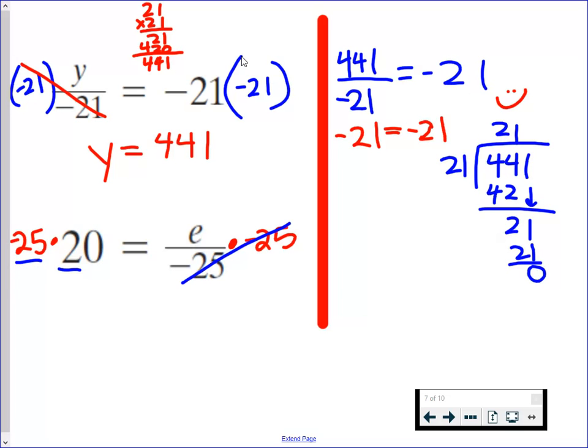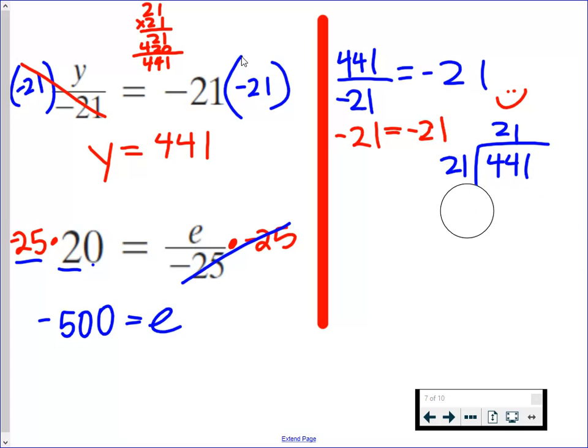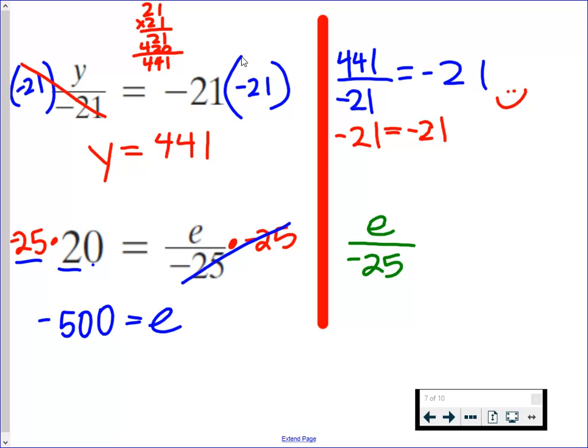25 times 2, 50 plus a 0. Positive times a negative, a negative. Oh, I'm just moving 20 to the other side because it was really bugging me when it was in front.